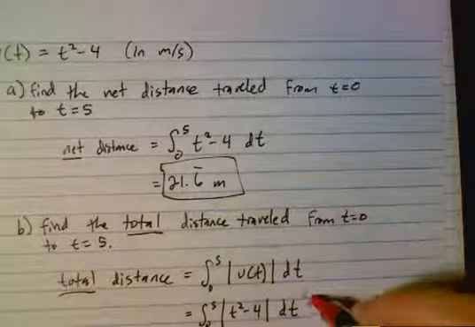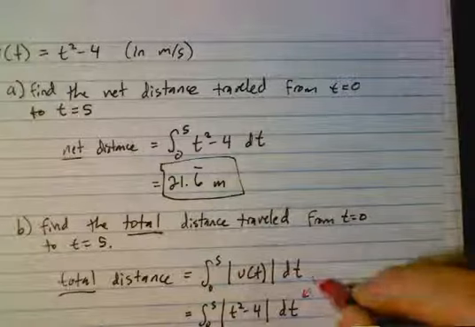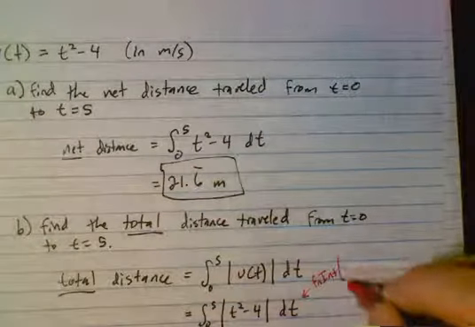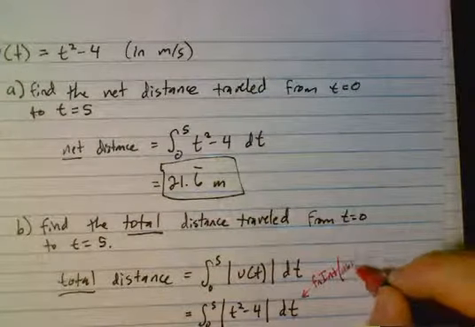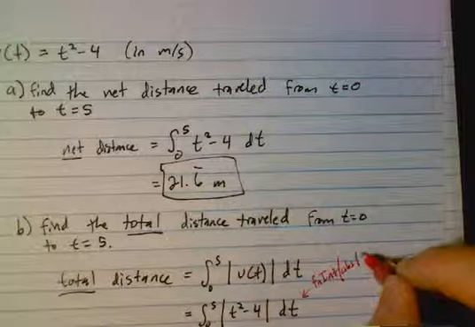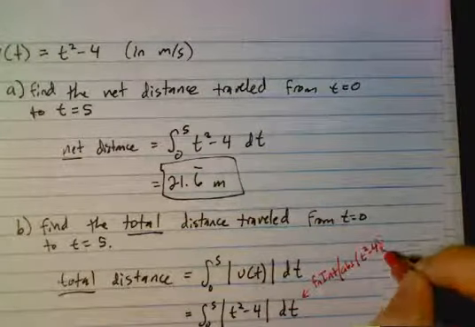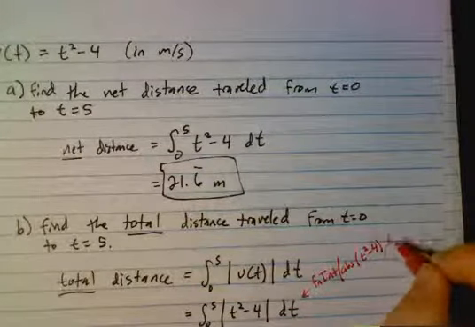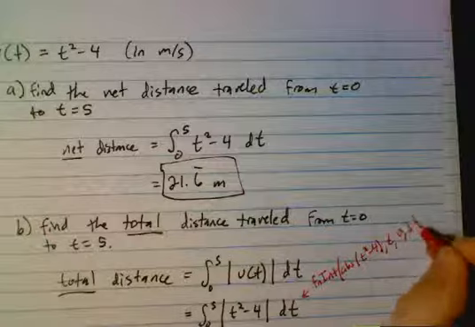And the way that I'm going to enter it looks like this. It's going to be finite integral, and then it's going to be ABS, and I'll show you where to find that in just a second. T squared minus 4, comma t, comma 0, comma 5.